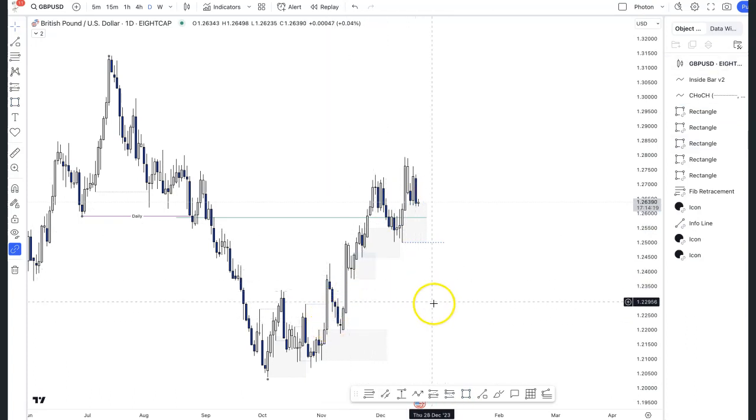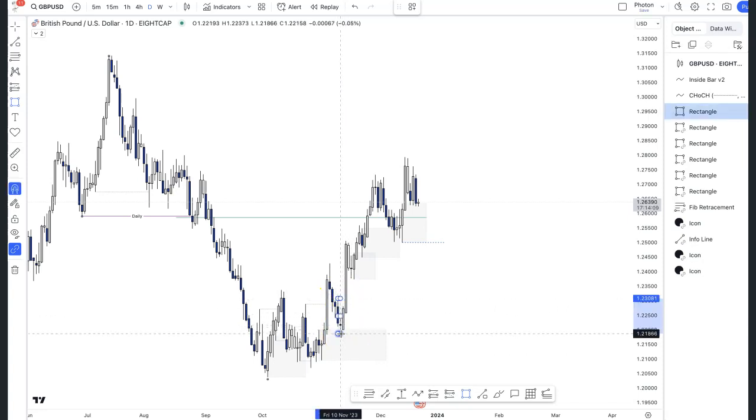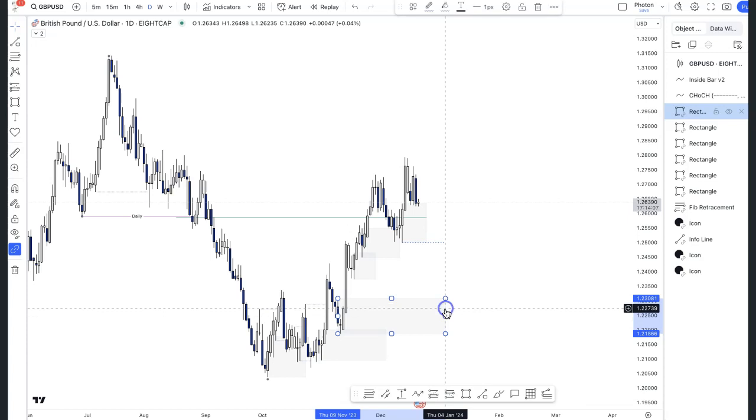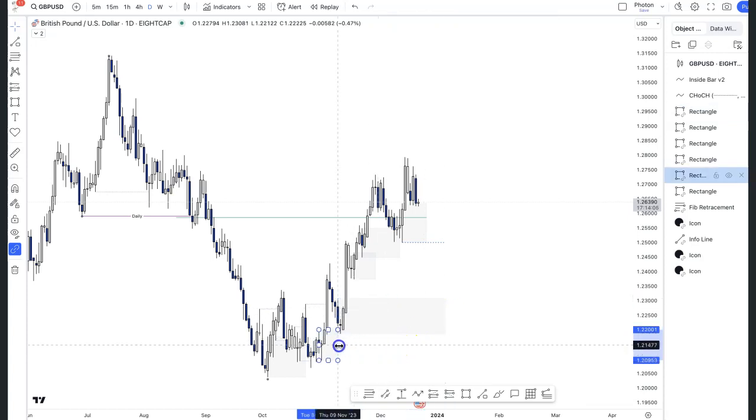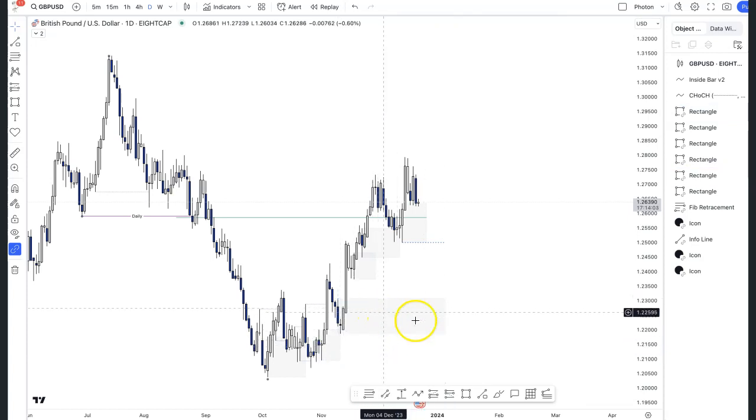So there's been just a series of mitigations. But if you really look at it, this is quite a strong push. And I would probably look at these two candles together as the last unmitigated kind of a zone. But the rest is, as you can see, most of it is pretty mitigated.